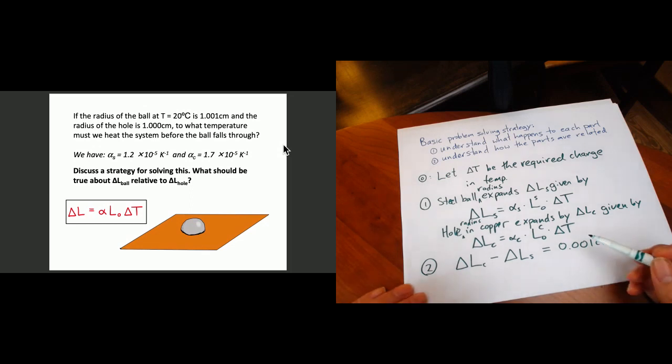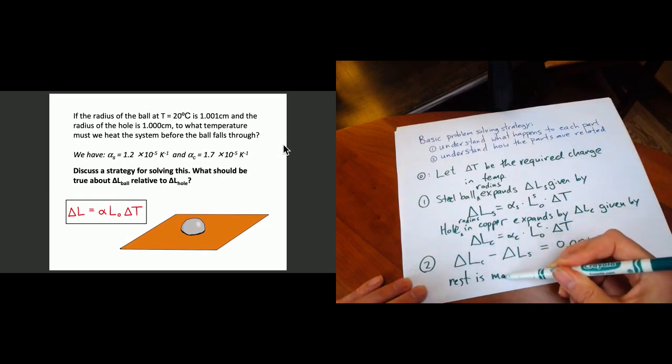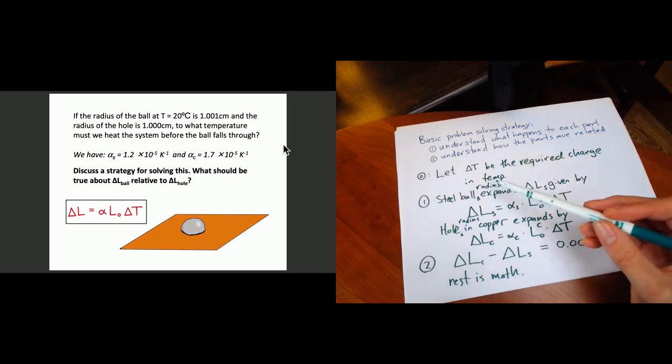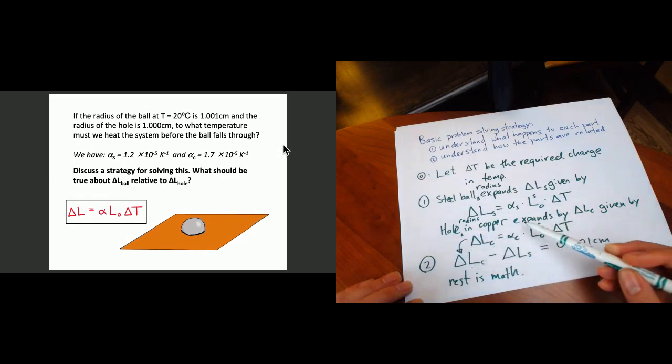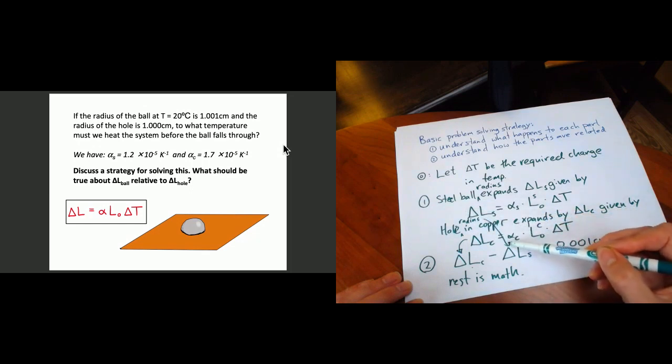And so now we're in good shape. The rest is math. We're going to see this in detail in next week's tutorial. Basically now all we want to do is plug in these equations. We have an equation for what delta L is, and this equation for what delta L steel is.